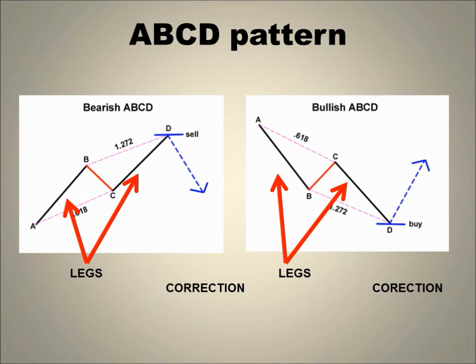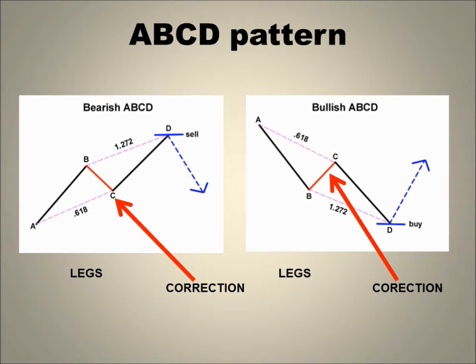So we do want to keep that in mind, that many investors are looking at that smaller corrective wave carefully to determine when the trend will continue, or how long the correction will continue to correct itself. So again, we have the legs, and then we have the point of correction.